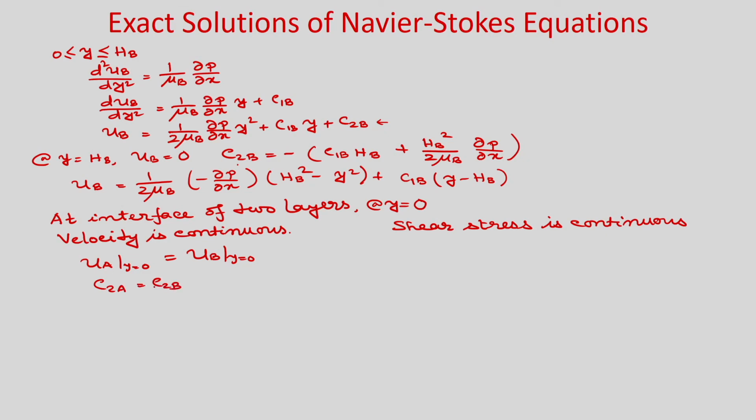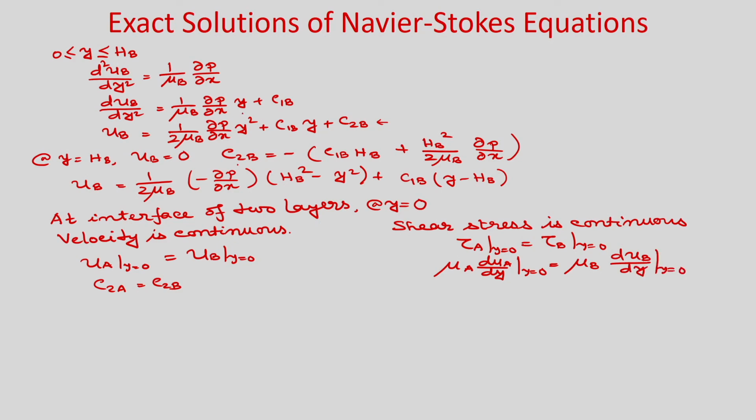Okay. And if shear stress is continuous, then you can write tau a at y is equal to 0 is equal to tau b at y is equal to 0. So, you can write mu a du by dy at y is equal to 0 is equal to mu b du b by dy at y is equal to 0.